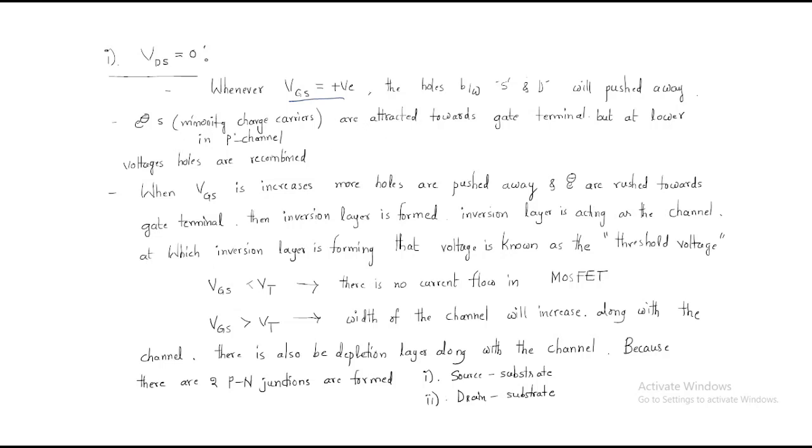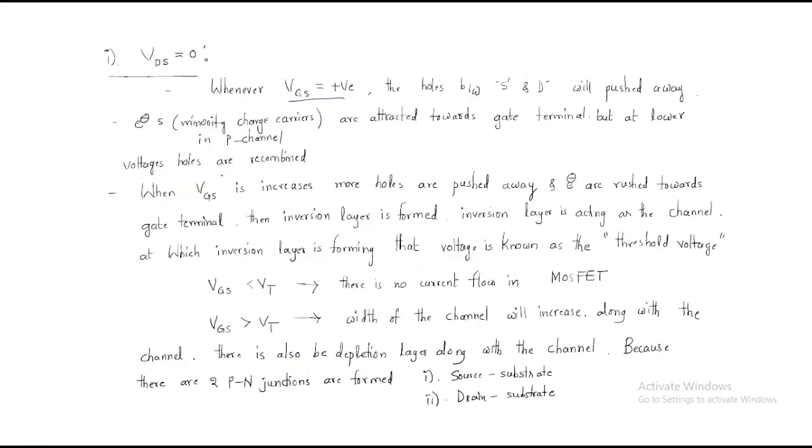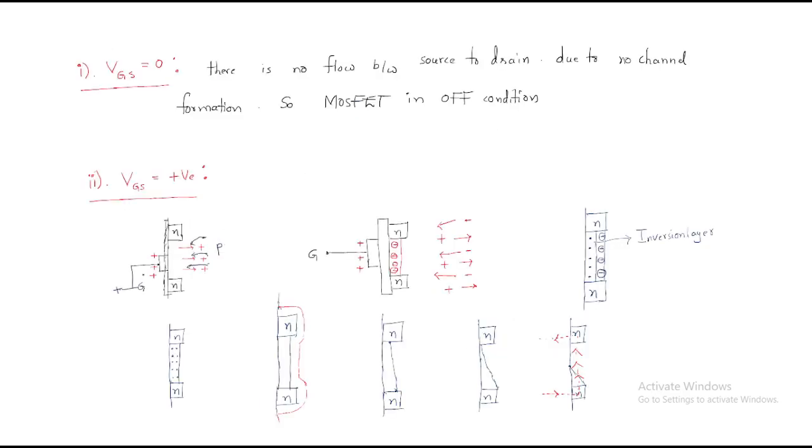Electrons, the minority charge carriers in the p channel, are attracted towards the gate terminal. So look at here, we have some minority charge carriers, and they try to attract this channel, because positive is there, but at lower voltages they are recombined. Whenever we give a low voltage value, automatically it is recombined.